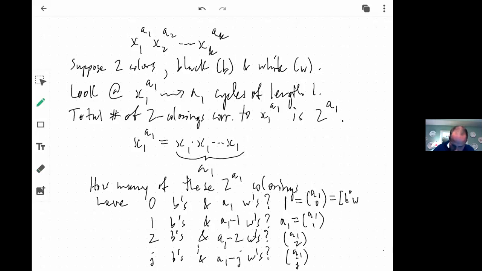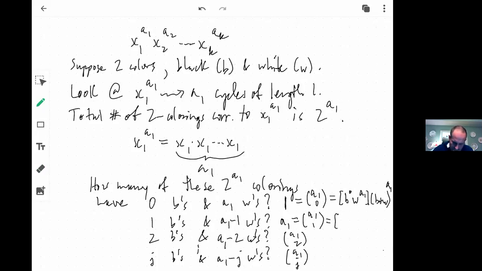Okay, b to the 0, w to the a1 of what? Of the binomial b plus w raised to the a1. Okay, if you applied the binomial theorem, a1 choose 0 would be exactly the coefficient of b to the 0 w to the a1.